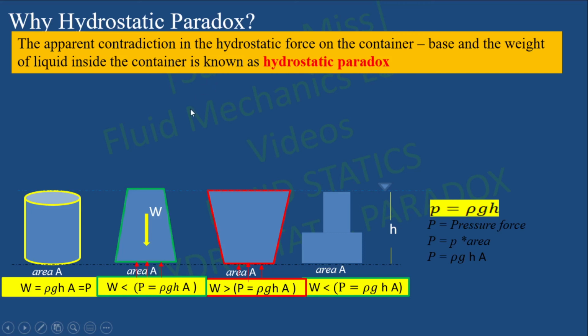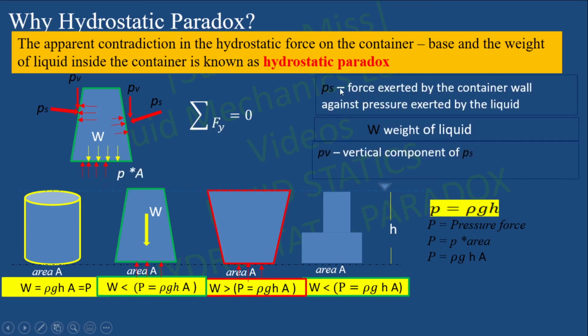In order to maintain the equilibrium, sigma Fi equals 0. That means we have to consider all the vertical forces acting on the system. So for this container, the weight of the liquid is acting downward, whereas the pressure force is acting upward. Here Ps represents the force exerted by the container wall against the pressure exerted by the liquid, W indicates the weight of the liquid, and Pv is the vertical component of Ps.